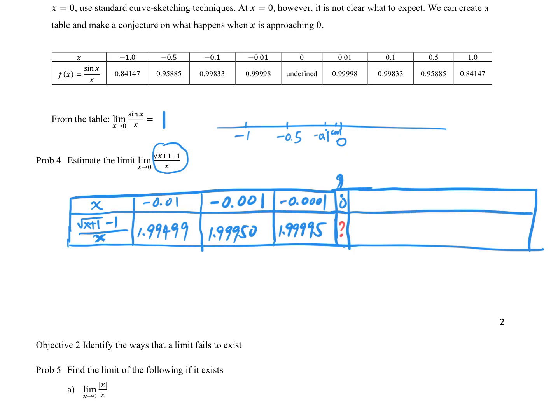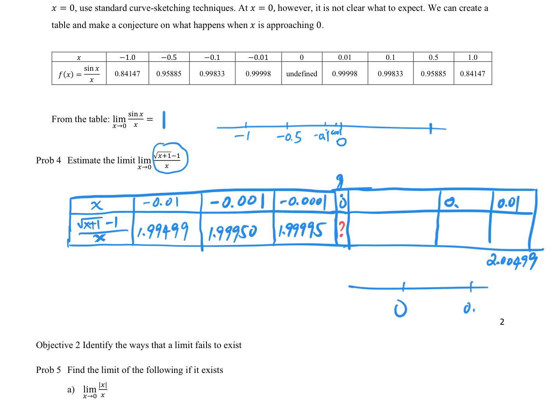So now let's pick 0.01. When I plug 0.01 in here, the square root of 1.01 minus 1, divided by 0.01, I got 2.00499. Similarly, you will have to choose the next value that's closer to 0, but from the right.